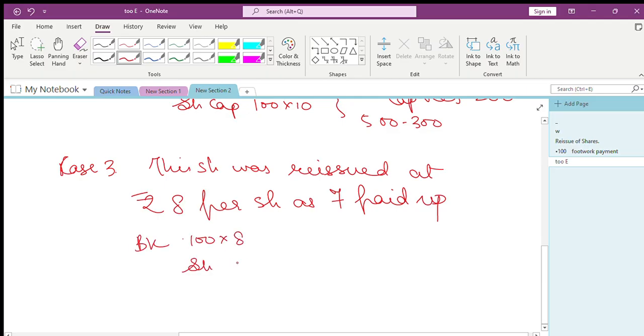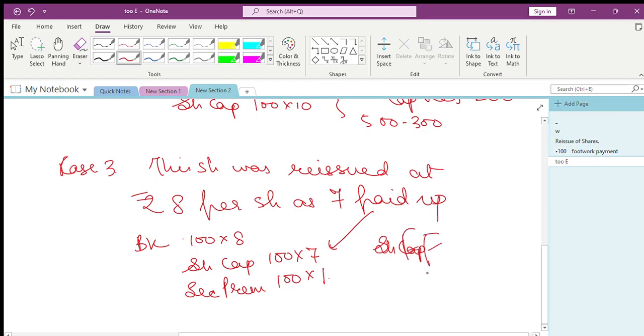Share capital 100 into 7 because paid up is that. So securities premium is 100 into 1. So the whole 500 goes to capital reserve. So share forfeiture to capital reserve is the full 500. Thank you.